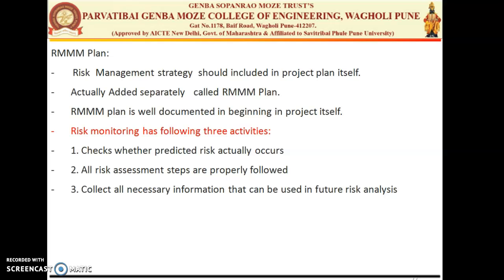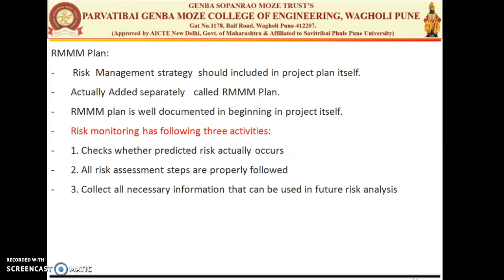The RMM plan is executed as a separate plan to evaluate the risk. Each risk is documented very properly. The RMM plan is well documented at the beginning of the project itself. Once the project begins, the mitigation and monitoring activities start. Risk monitoring has three main objectives.